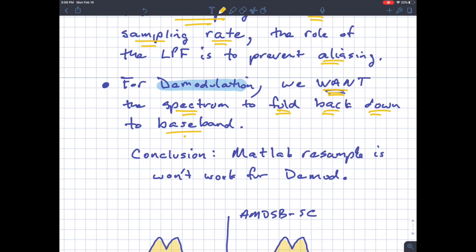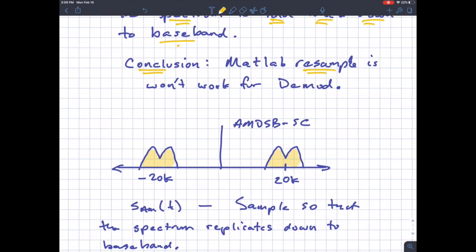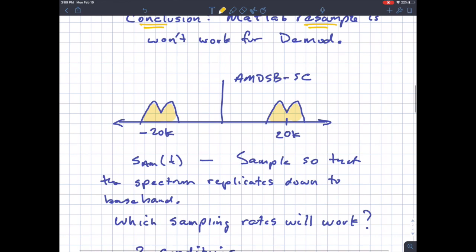We're actually sampling to demodulate, so we actually want aliasing in that case. The conclusion that we have is we can't use Matlab's resample function to change the sampling rate of the signal. I can't just resample down to like 10K without it filtering out what I want to generate. Okay, so with that being said, let's get back to it.